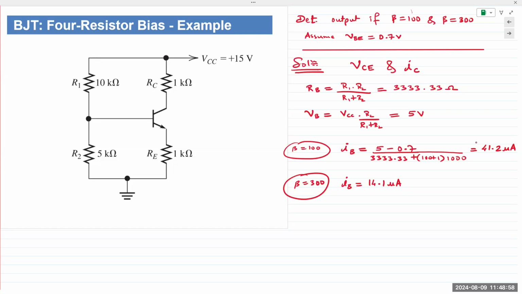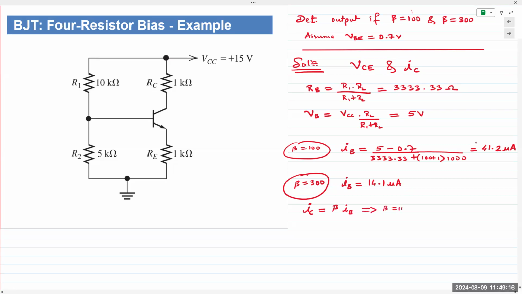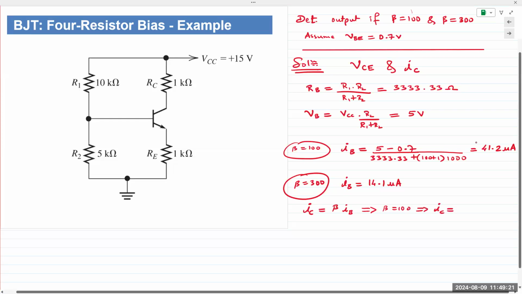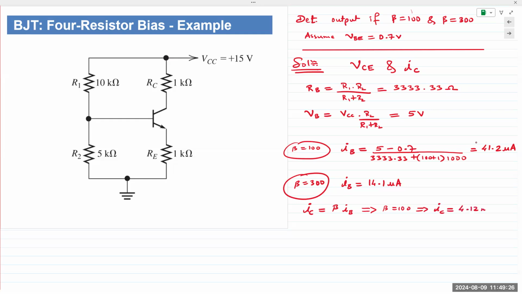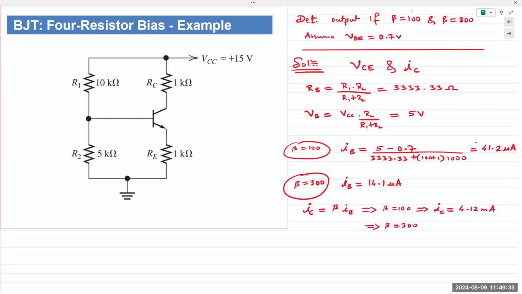But now let's look at what happens to IC, my output current. Output current IC is beta times IB. So for beta is equal to 100, my IC is 4.12 milliamps. And for beta is equal to 300, it's only 3 times.